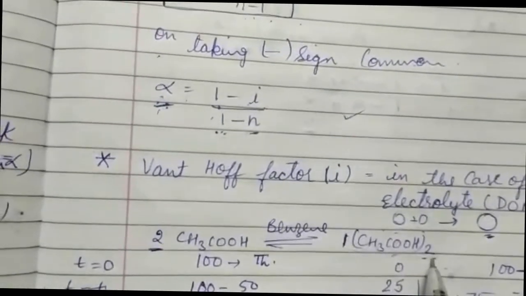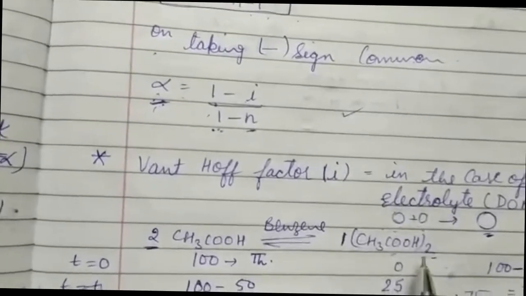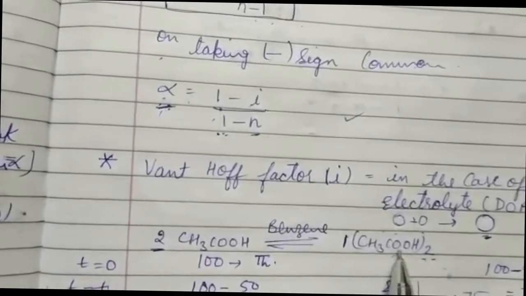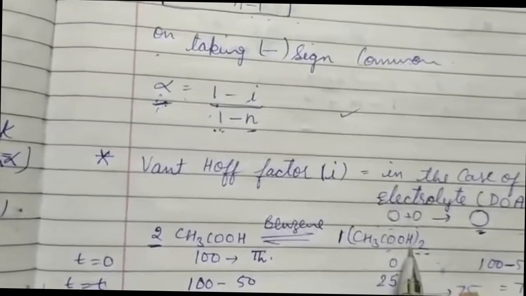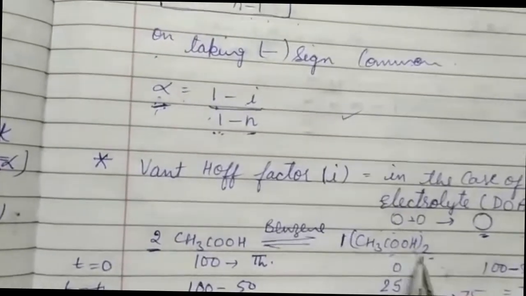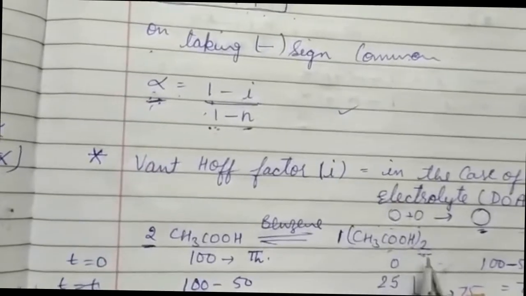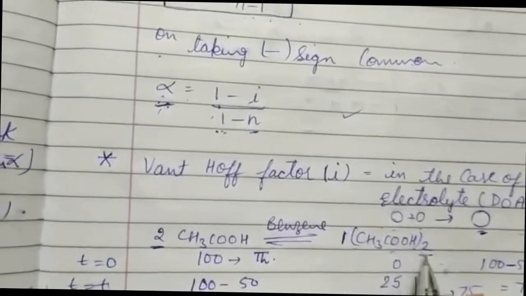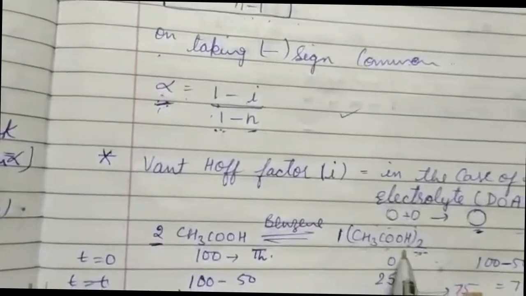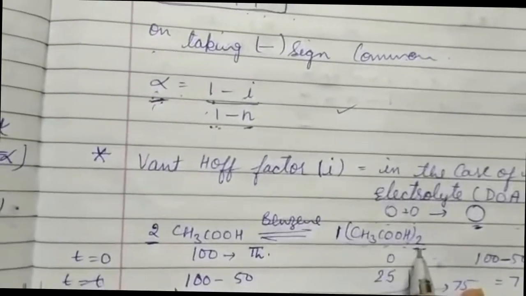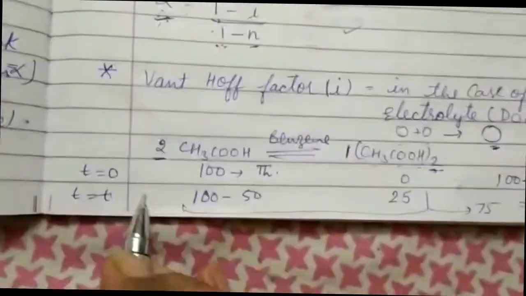This 2 represents the dimer, since two particles combine together. Di means 2, so for the dimer we write 2 as the subscript.